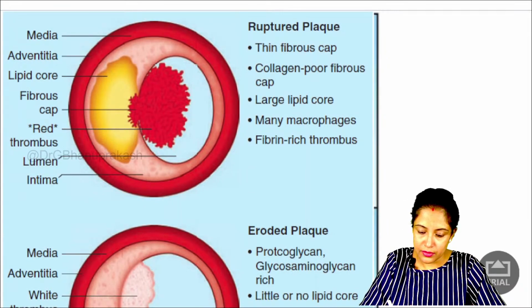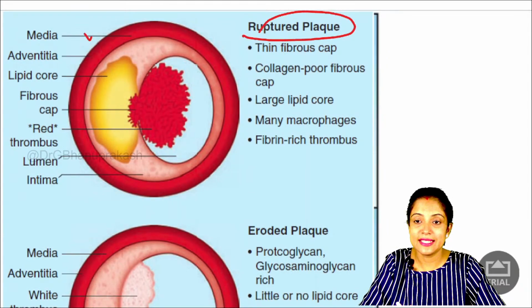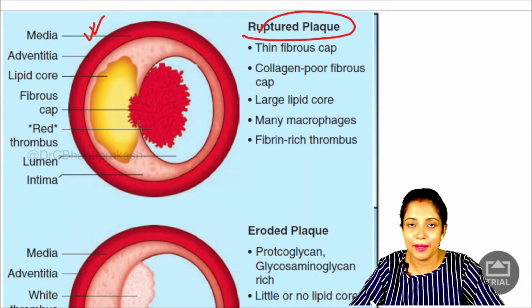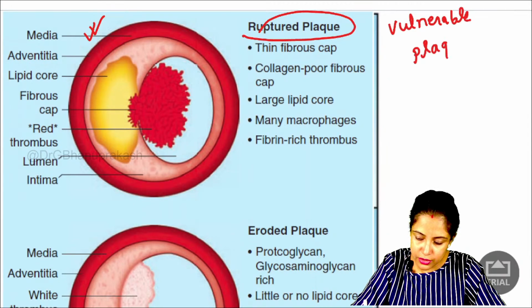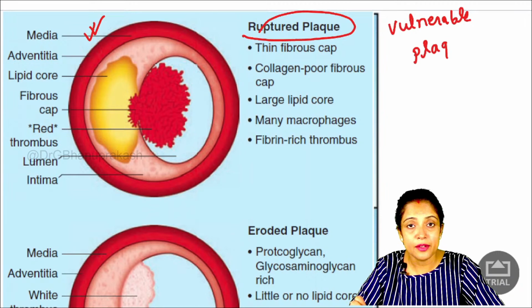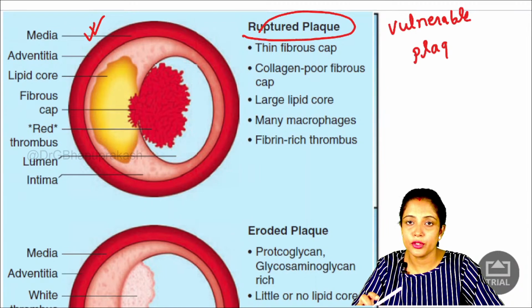In this picture, you can see a ruptured plaque. There is something known as a vulnerable plaque. What does it mean? Vulnerable plaques are very prone to rupture, resulting in coronary thrombosis, thereby leading to occlusion of the coronary lumen and myocardial infarction.